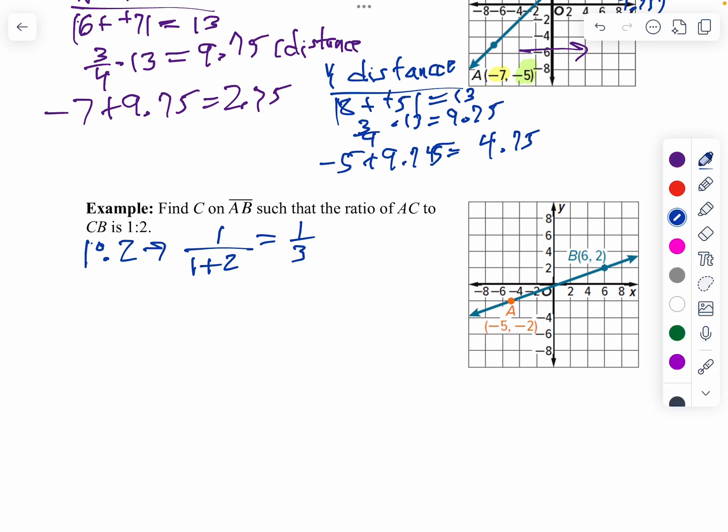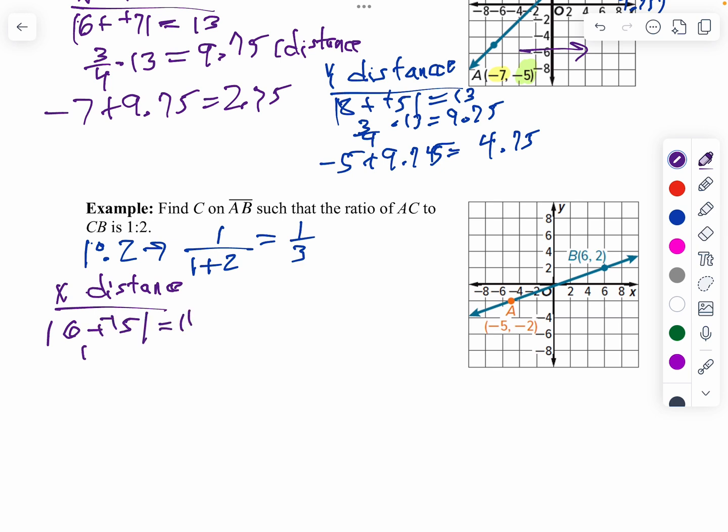So now, let's just go through this again. I'm going to do the x distance. So I'm going to subtract my x coordinates between B and A. So I'm going to say the absolute value of 6 minus a negative 5. Well, that's 11 then, isn't it?